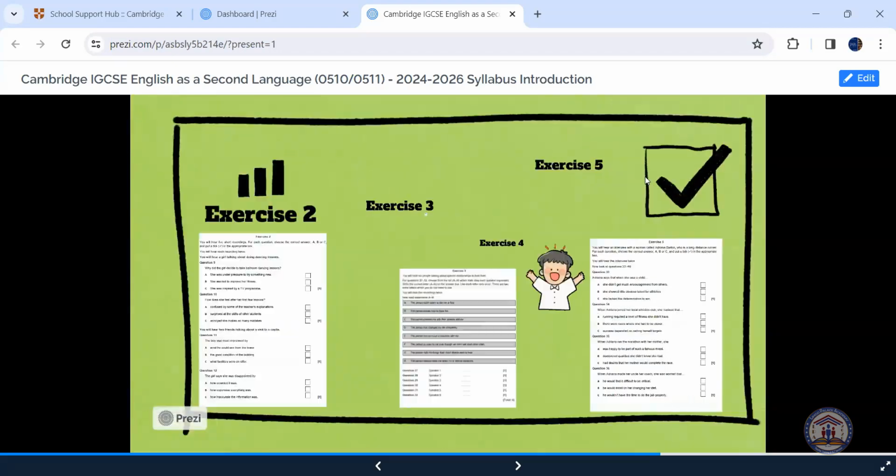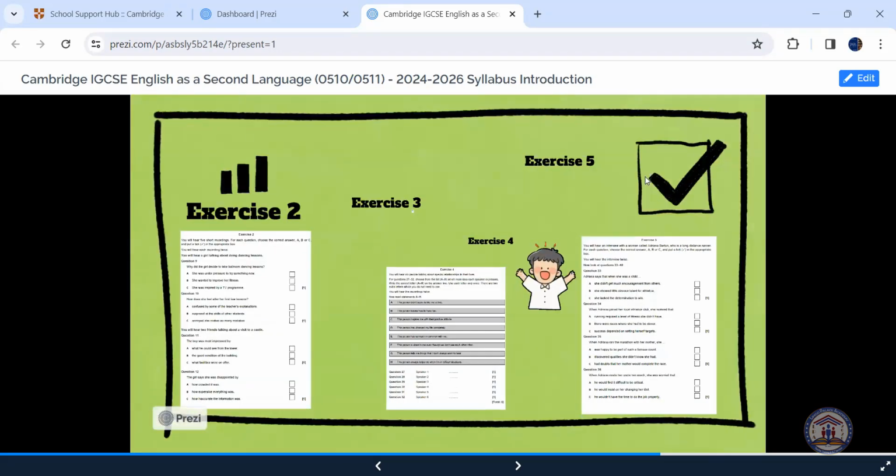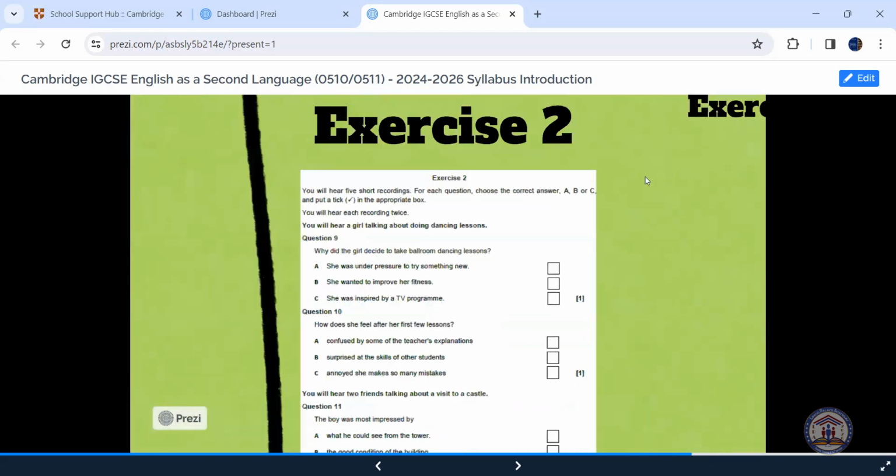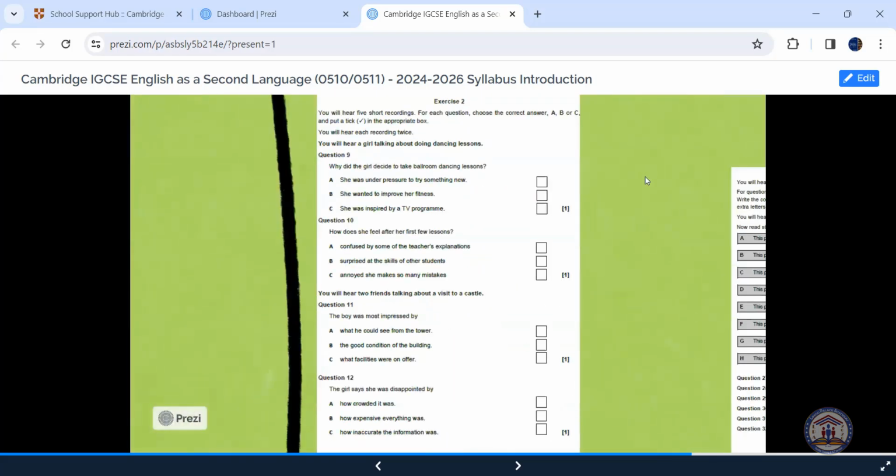Okay, what about exercise 2? Exercise 2, I'm sorry, it's not a talk. It's also a kind of somebody speaking, and this person is going to answer different questions.